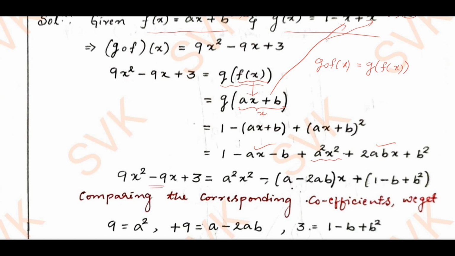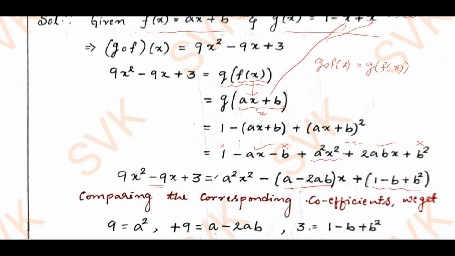So I am left with a, and the plus can be written as minus into minus, so I am left with another minus 2ab. That is what I have written here: a minus 2ab times x, plus the constant term, that is 1 minus b plus b square. This is the constant term.